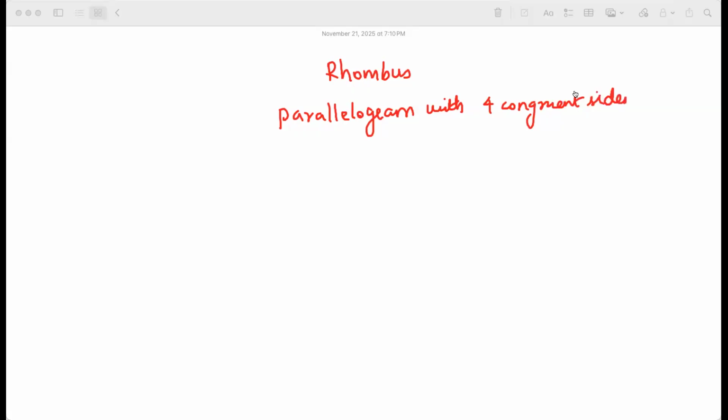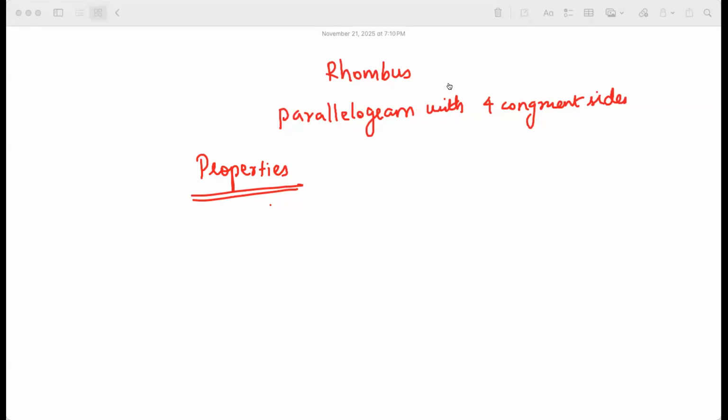Okay. Now, diagonals of a rhombus are perpendicular. 4 congruent sides. Okay, there are some properties, right? It's a little tricky. Rhombus is a little tricky, honestly.